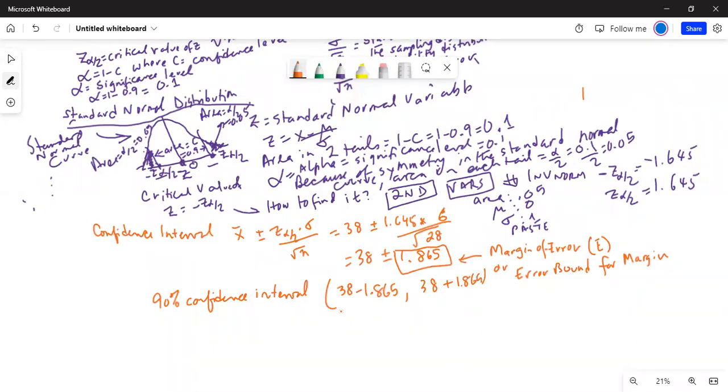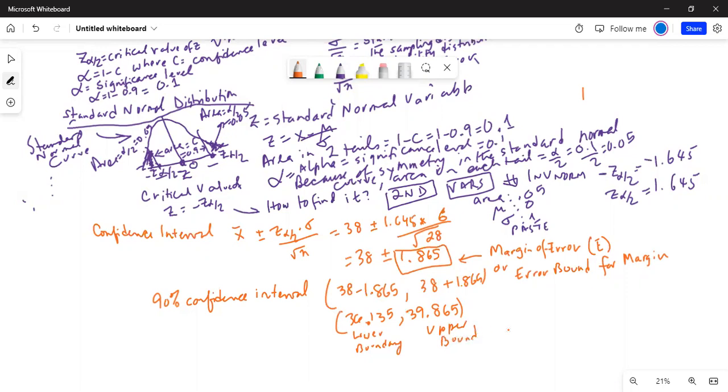So let's crank out these two numbers with the calculator. 38 minus 1.865 is 36.135, and then 39.865. So this is the lower boundary and this is the upper boundary.